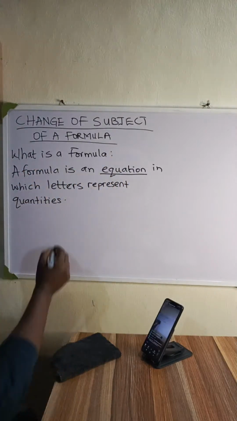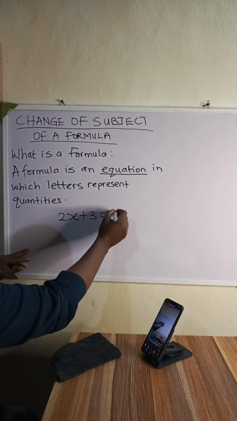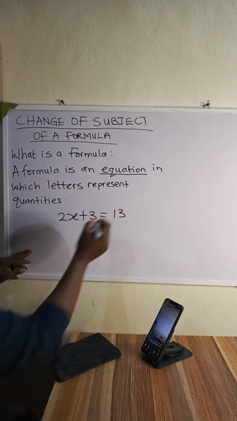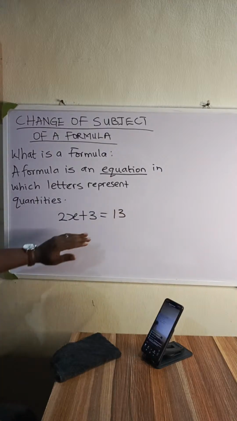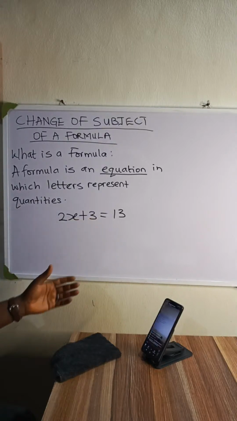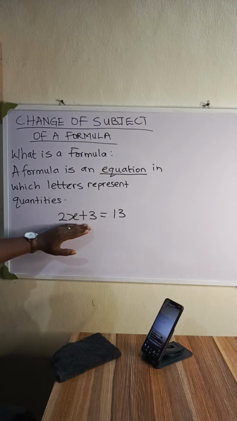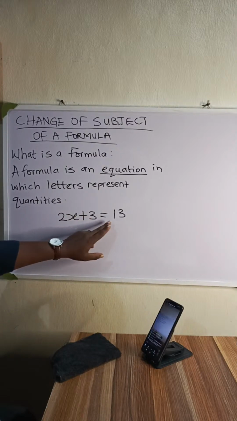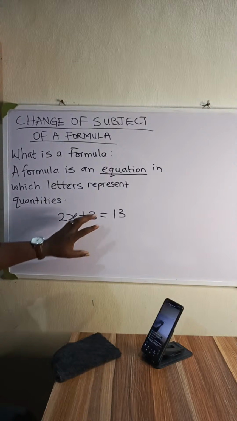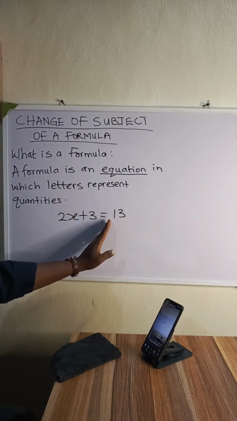For example, if I have 2x + 3 = 13. This is an equation. It is an equation because it is an algebra that has a left side, a right side, and an equal to sign.